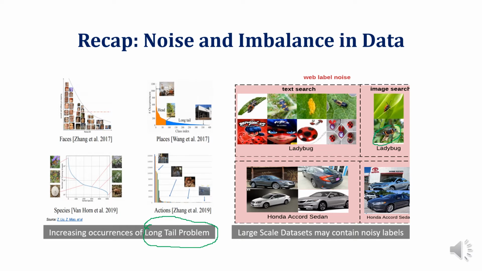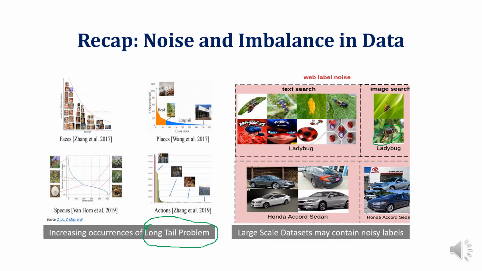The other issue is that you may have noise in the labeling. You might want to very cheaply procure labels through, say, text search or image search, as you can see in this figure.